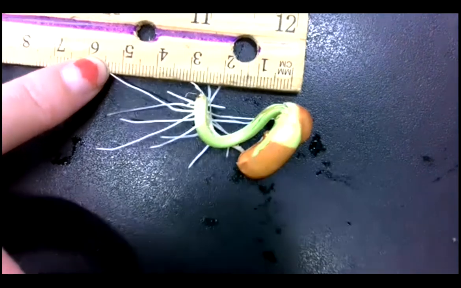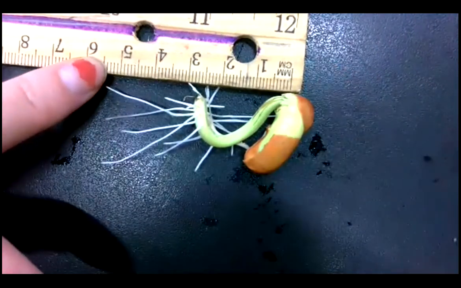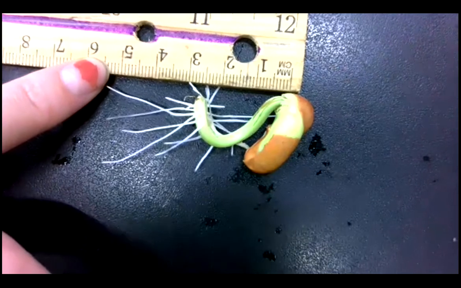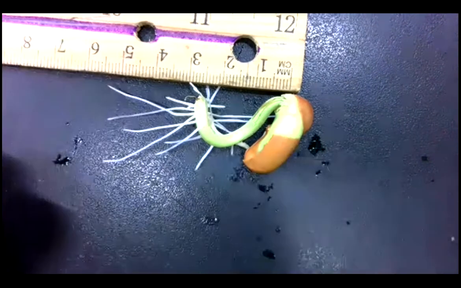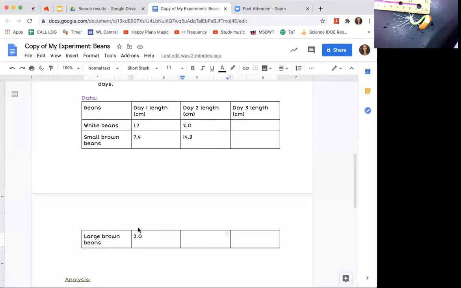So it looks like this is going right to 5.3 centimeters. Right there. Okay, so that I think has grown since the last time. So the last time it was 2 centimeters, now it's 5.3.